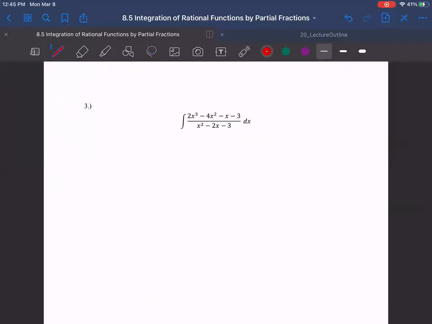Oh, we do long division first. We've got to divide first. The degree of the numerator, the degree of f, is greater than the degree of g. So divide first.